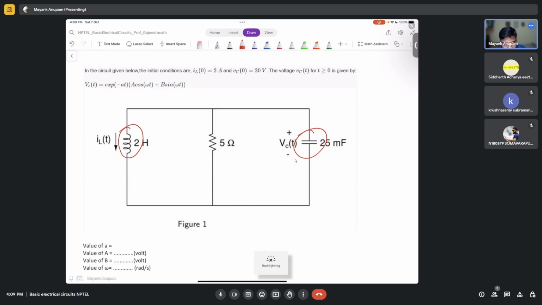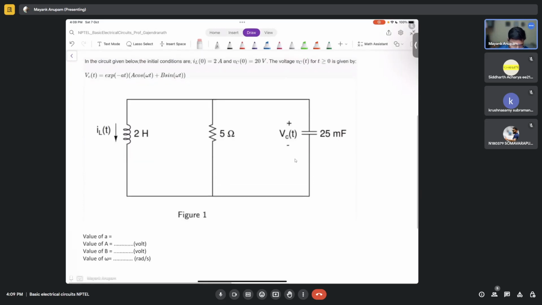Whereas for a resistor, the characteristic equation is VR is equal to I times R, so the voltage at any time t across a resistor depends only on the current through it at the same time t. That is why a resistor is a memoryless element, whereas a capacitor and an inductor are elements with memory.